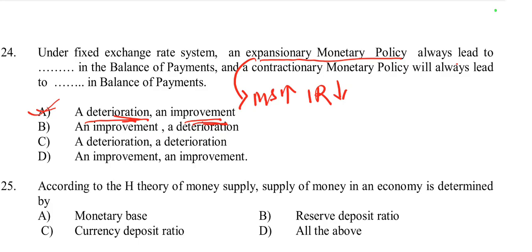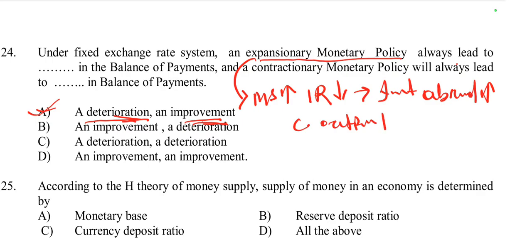When interest rate decreases, people invest abroad, not in the home country. So it leads to a capital outflow and worsening of the balance of payment. When capital goes out of the country, capital outflow occurs, and it leads to worsening of the balance of payment. Here balance of payment worsens or decreases when expansionary monetary policy occurs.